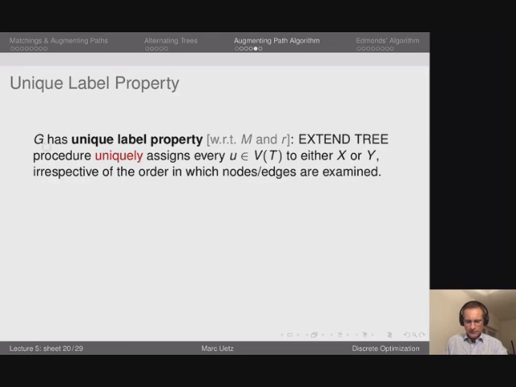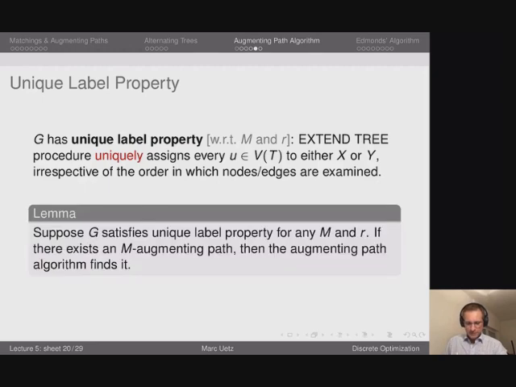I say a graph has this unique label property if this extend tree procedure uniquely classifies all the vertices of the graph as either odd or even length distance from the root node, irrespective of the order in which the nodes and edges are examined by the algorithm. And once this unique label property holds for a given graph, our algorithm also works. Okay, so that's the next lemma.